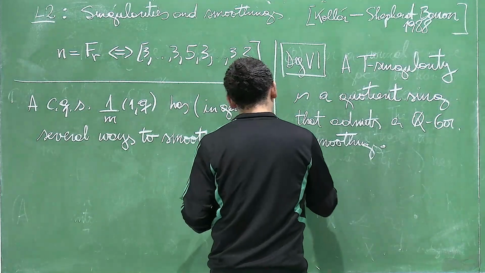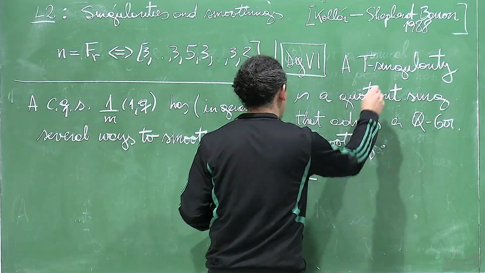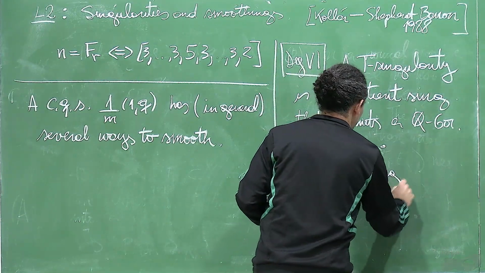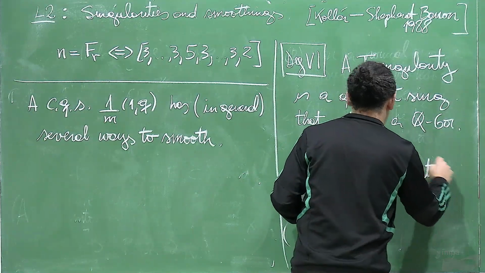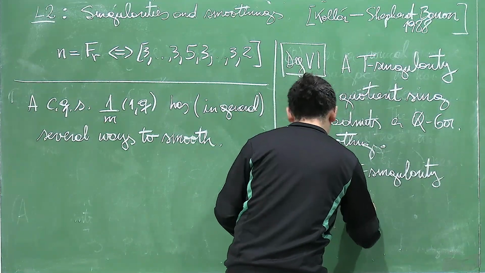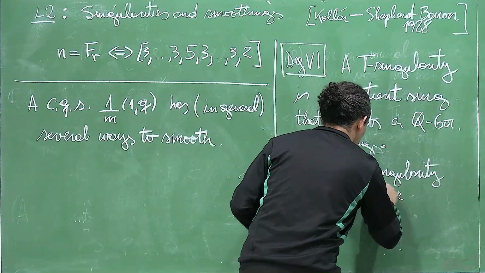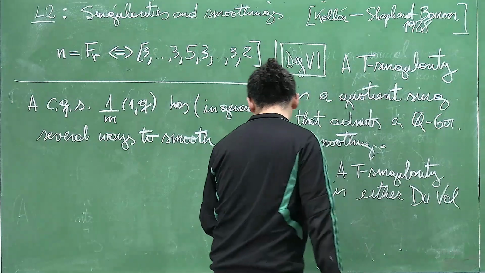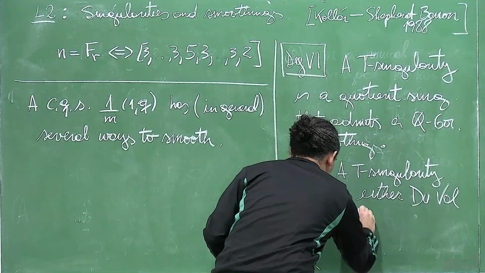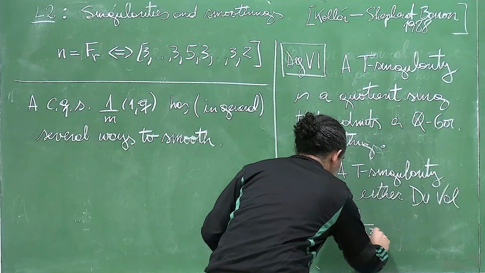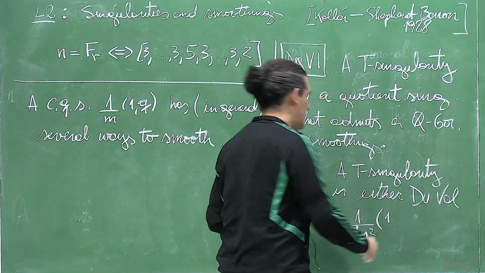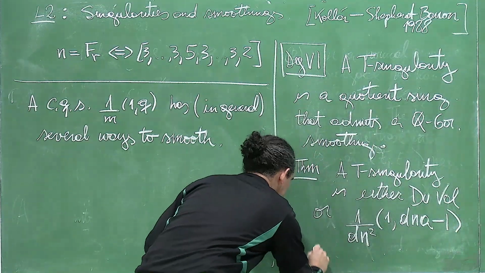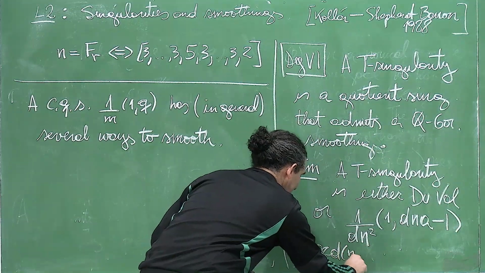And then they prove immediately, theorem in the same paper, that a T-singularity is either Du Val or a cyclic quotient singularity of this type, 1 over dn squared, (dna minus 1), where the GCD of n and a is 1.